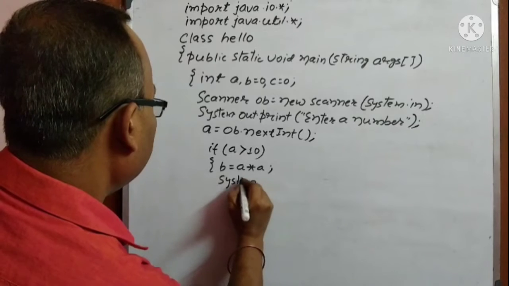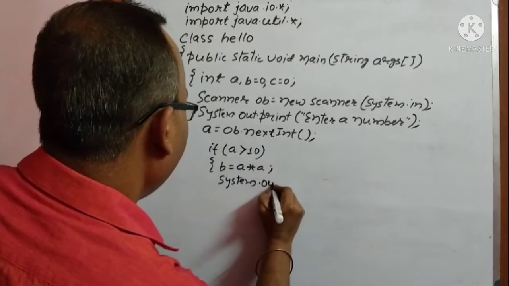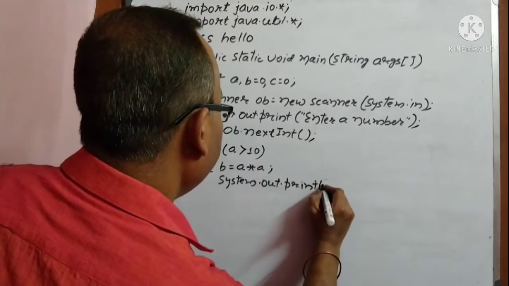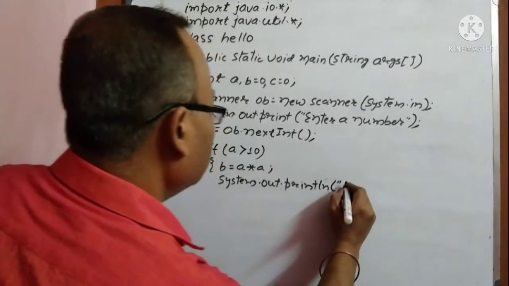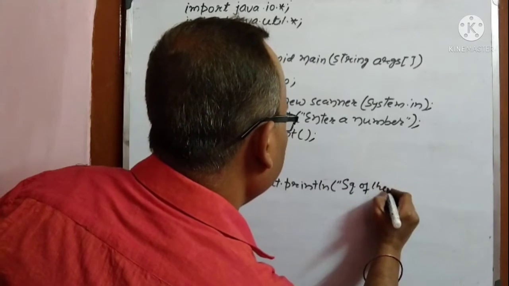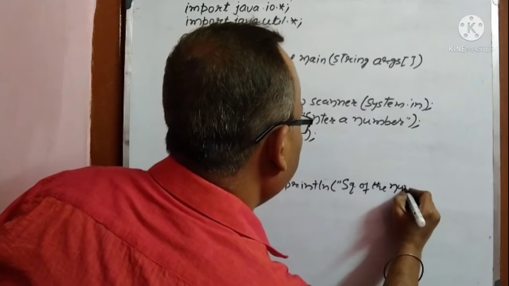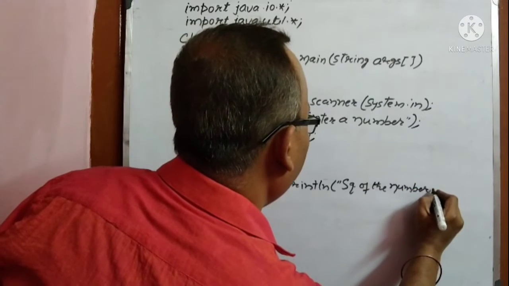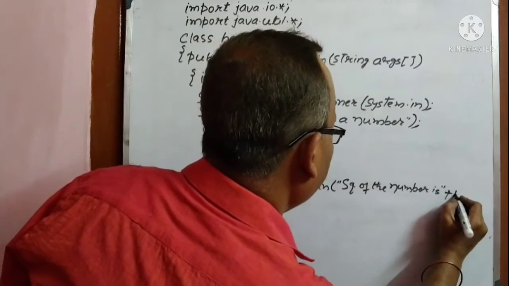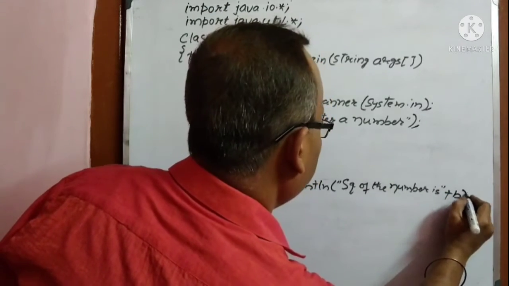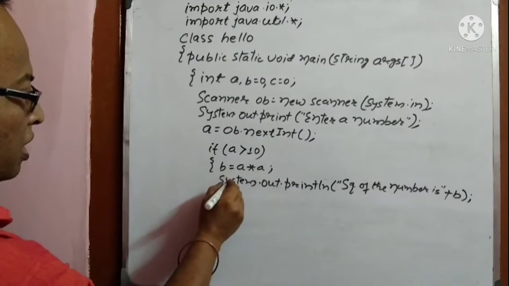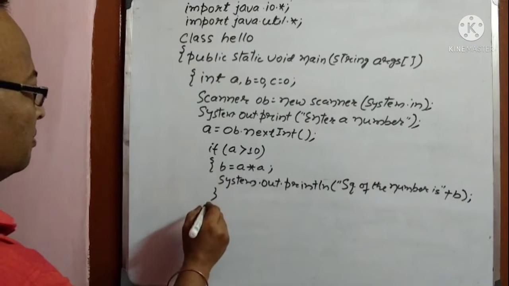System.out.println square of the number is in b. Okay, so as it is more than one statement, put it under curly brace.